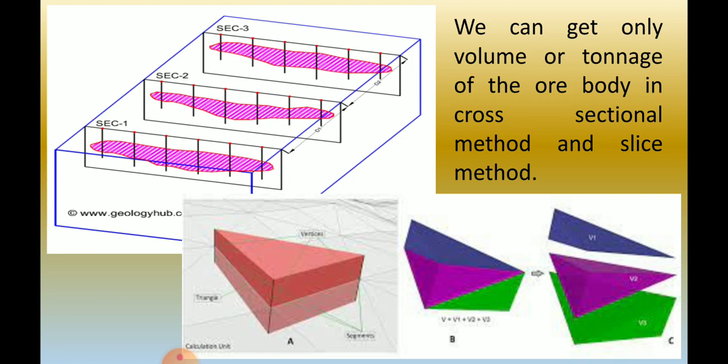But the remaining area is blank because no borehole is passing through that area. To assign the grade in that area, we have to use the Kriging method or the IDW method.